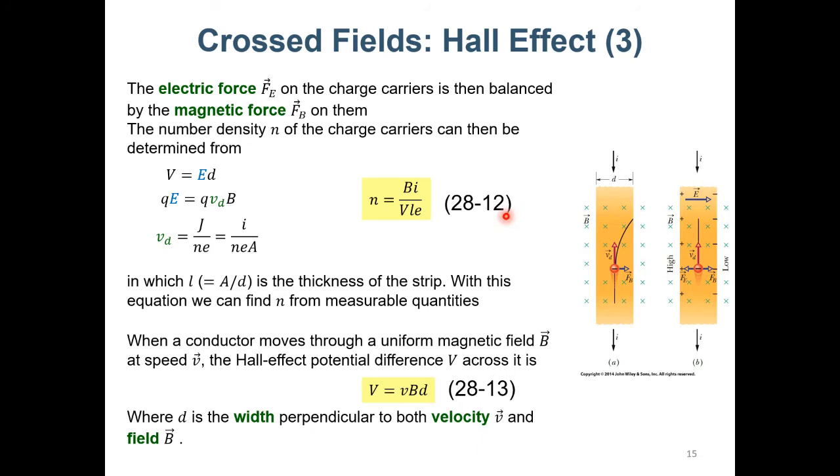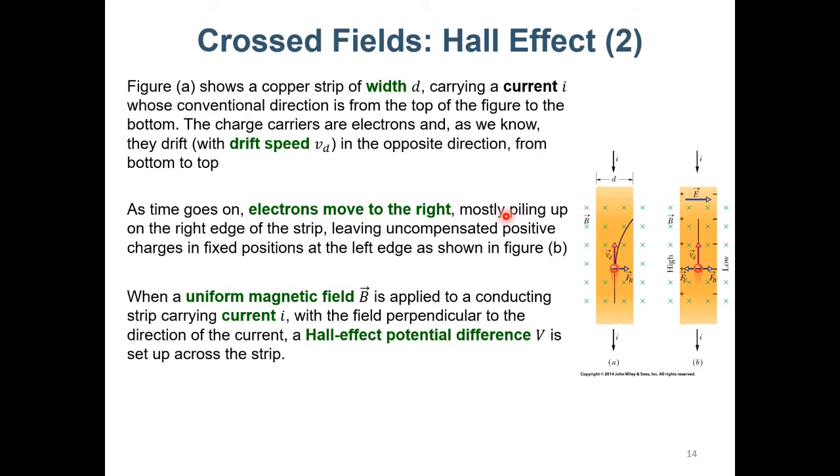So maybe I just go to when the magnetic field is applied to the conductor strip with the field perpendicular to the direction of the current, a Hall effect potential difference V is set up across the strip. Because there is some positive charge on the left side and negative charge on the right side, there will be a potential difference across these two edges.